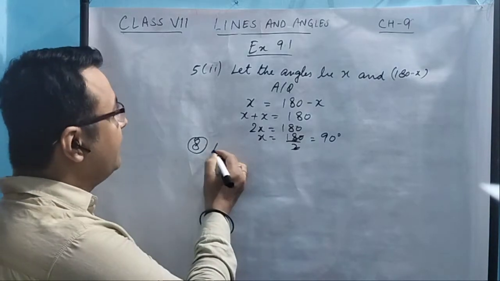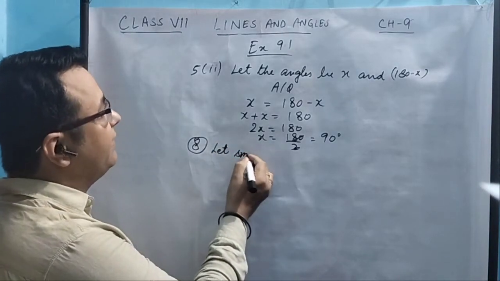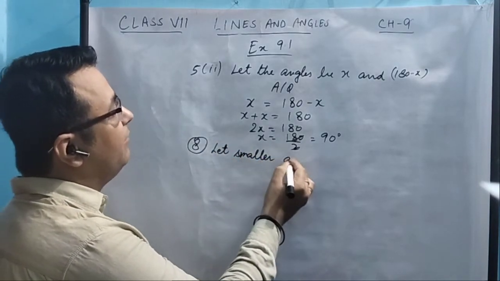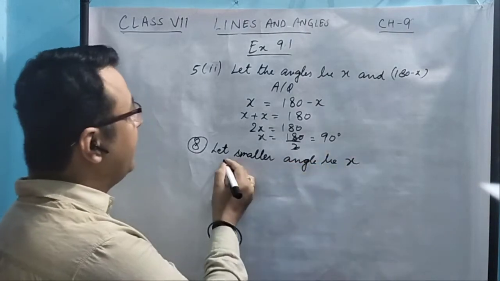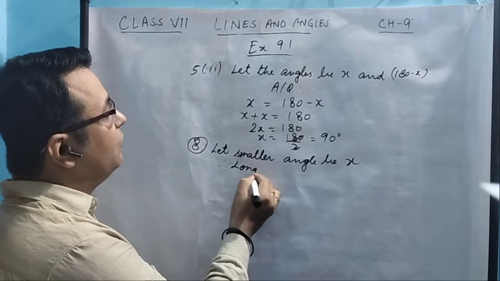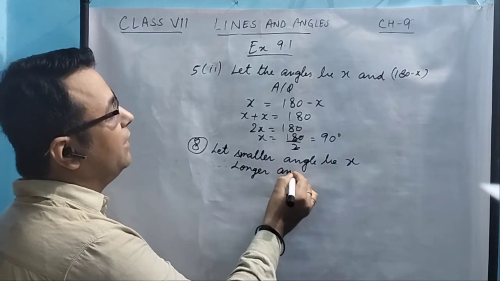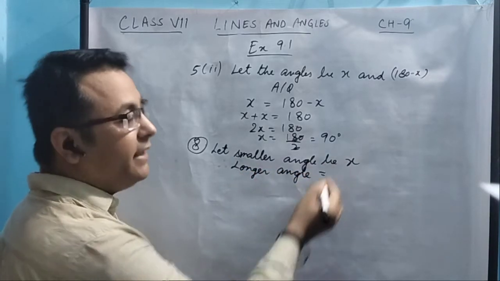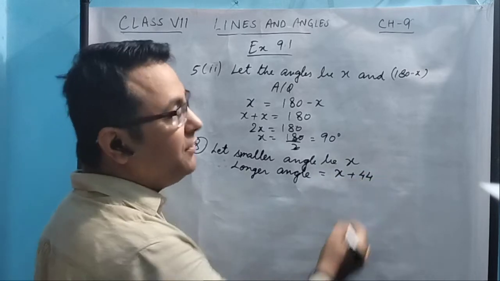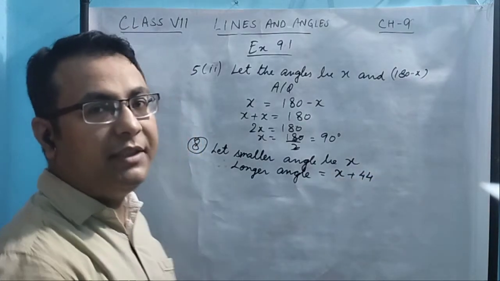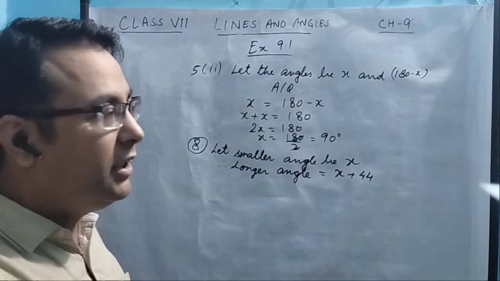So first let us assume the smaller angle as x. Let smaller angle be x. Now it is given that longer angle is 44 degree more than the smaller angle, and smaller angle is x. So how much will be longer angle? It will be x plus 44, because it is 44 degree more than the smaller angle.